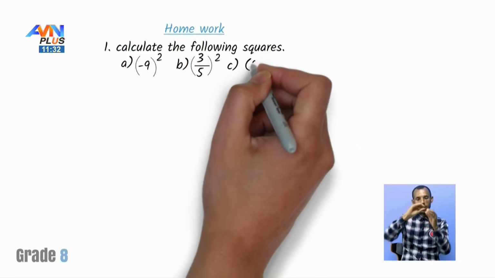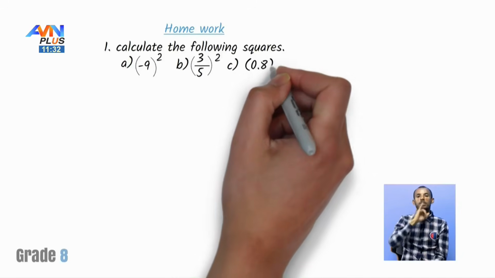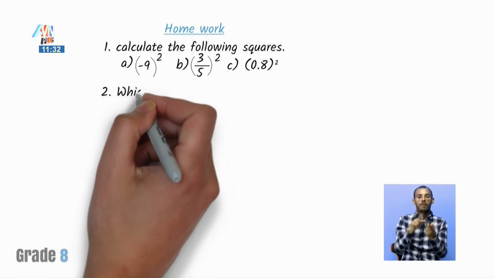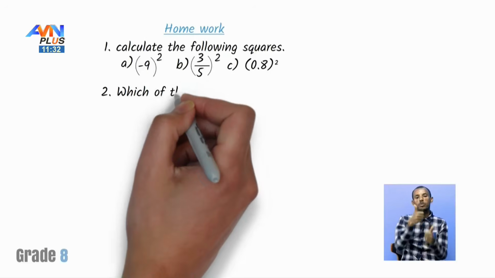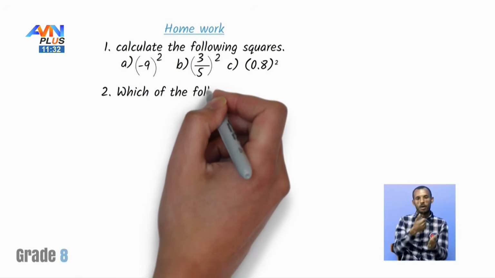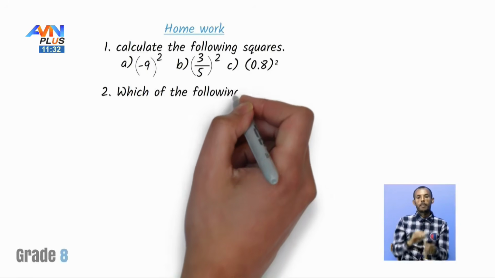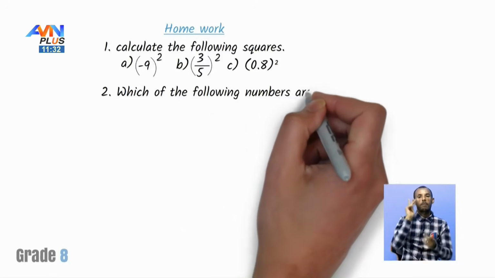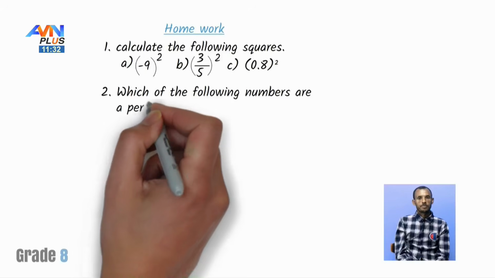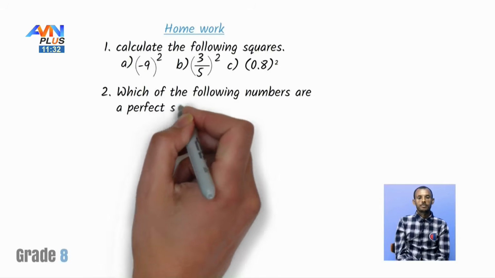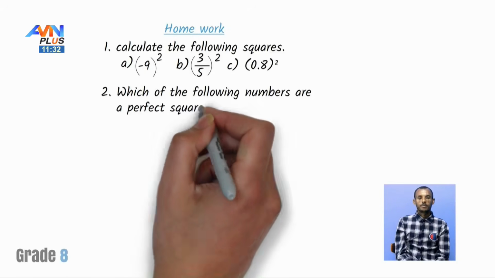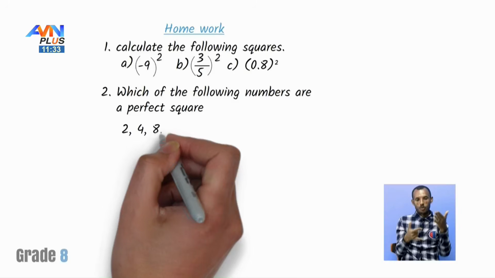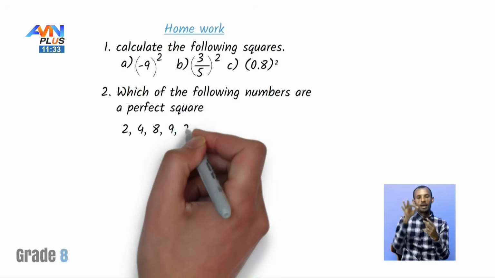My second question for you here is, which of the following numbers are perfect squares? Okay, here I will give you a list of numbers, and you will pick the numbers which are perfect squares.